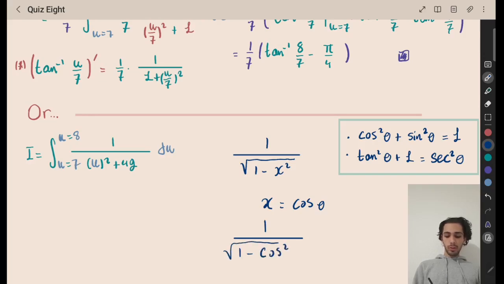But then 1 minus cosine squared by this formula is sine squared under the square root. But then guess what? The square root cancels out with the square, so you get sine of theta, which is very convenient. Of course, I'm skipping some formalities, but I'm just giving you the idea behind this.